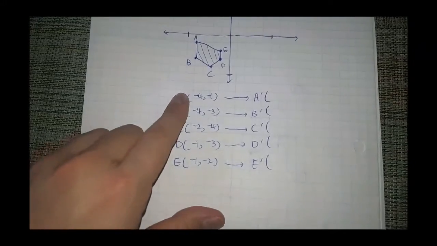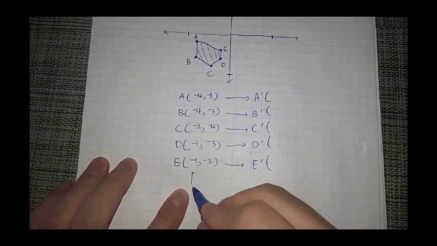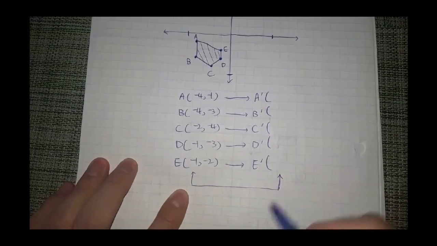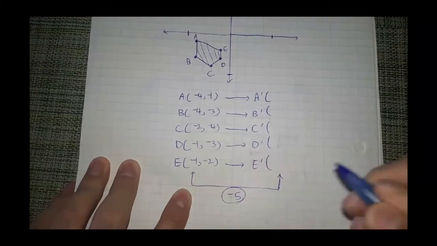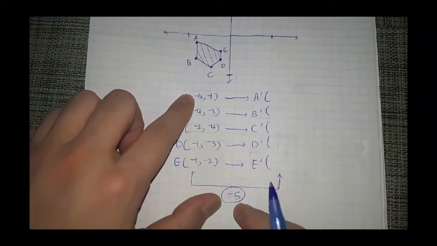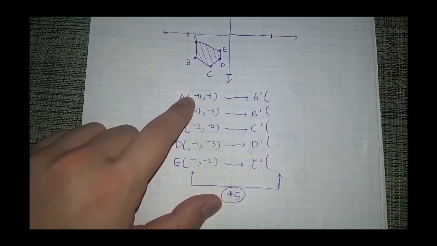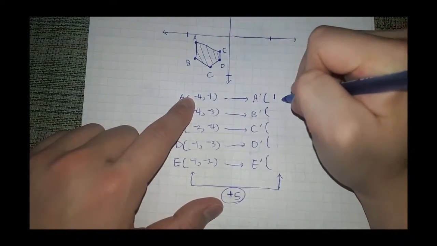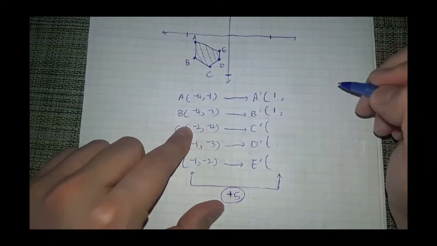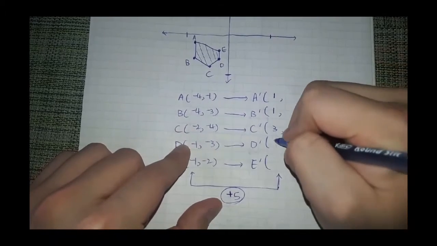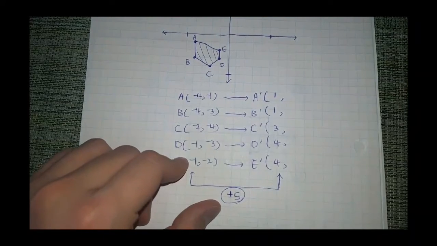The first coordinate, which is the x position, is along the x-axis, sorry. We're moving 5 units right, so positive 5. Negative 4 plus 5 is positive 1. Negative 4 plus 5 is positive 1. Negative 2 plus 5 is positive 3. Positive 4, positive 4. We can perform that calculation.